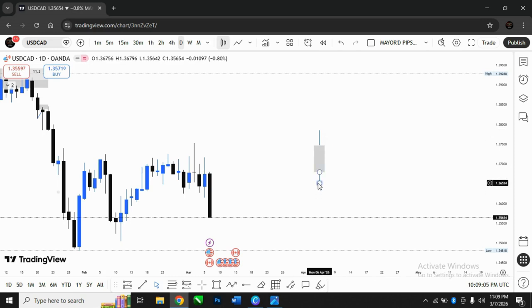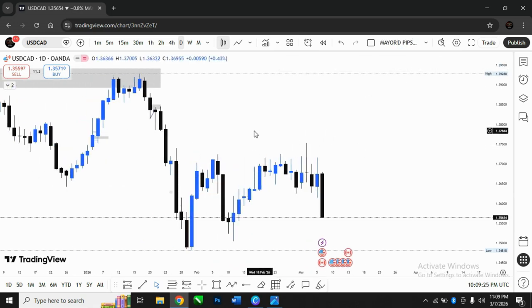Those wicks are the liquidities that the market will eventually hunt. You understand me? And also, if you want to map out your support and resistance, you do not map it out with the entire wicks. Mapping out your support and resistance with the entire wicks will make you risk more, and at the end of the day, you end up blowing your account easily.